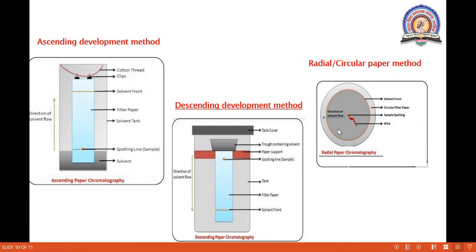When we put this paper on that petri dish, what happens? Through the wick, it first comes in contact with the solvent, right? And through that wick, the solvent moves on the paper, and we get separate ring-like parts on the paper in which the separation of components takes place. This is about the radial or circular paper method.